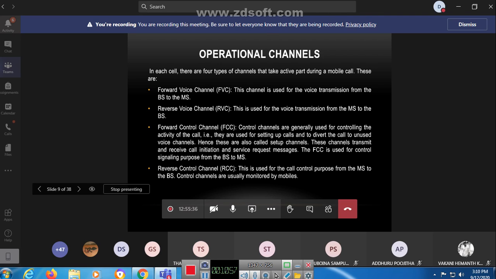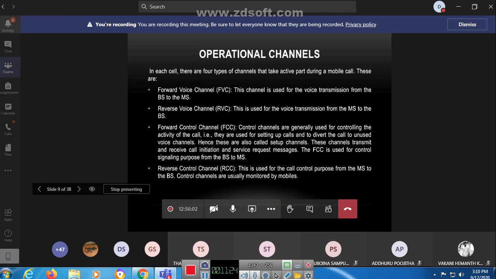Next, what is the forward voice channel? Basically it is used for transmitting only. Forward, simply remember, is the transmitter channel: transmission from base station to the mobile station. We can forward the signals from one place to another place or from one cell to another cell.